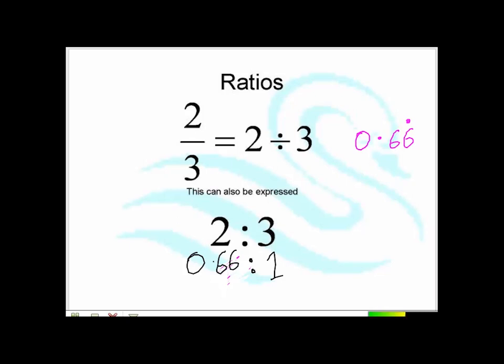So, in fact, this thing here, 0.66 recurring, is also what I ended up with here. 0.66 recurring. So, this is just a different way of writing a fraction. So, ratios, fractions, division, all the same thing.